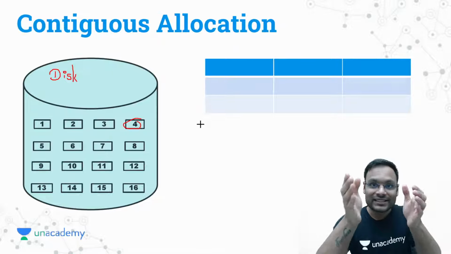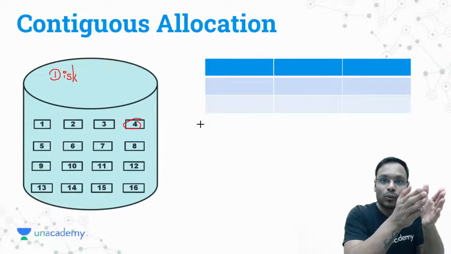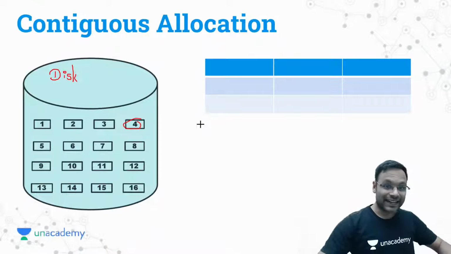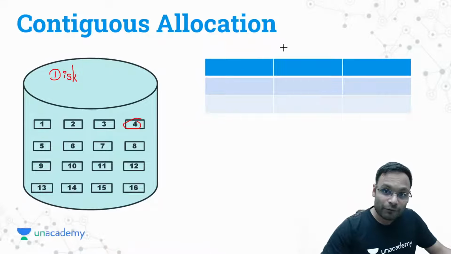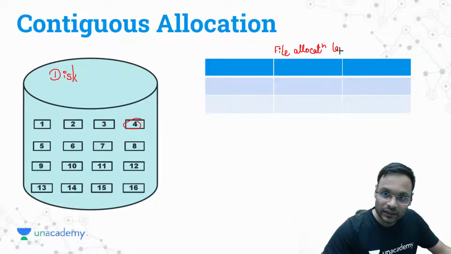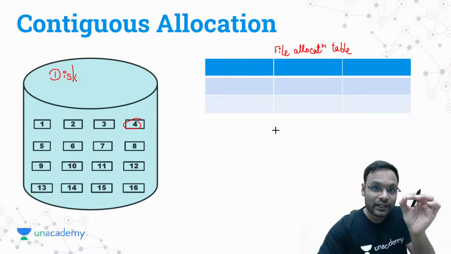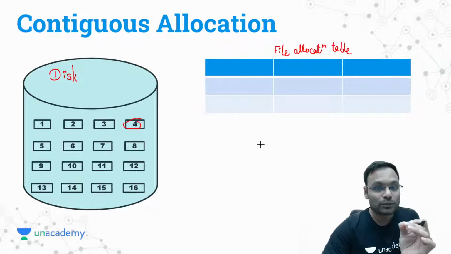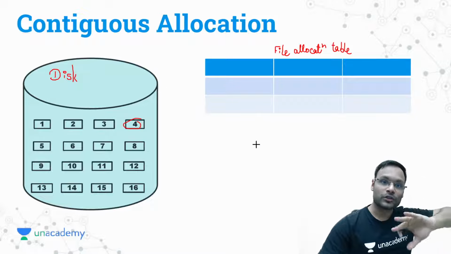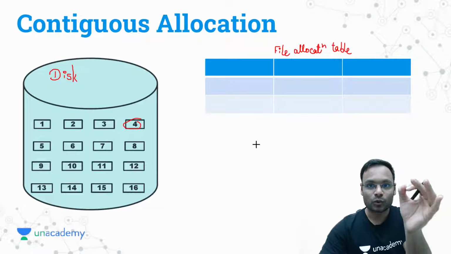Then the operating system will have to maintain a table, which we call the file allocation table. That table will let the file system know exactly which file is stored starting from which block and how many consecutive blocks are needed to store that file.